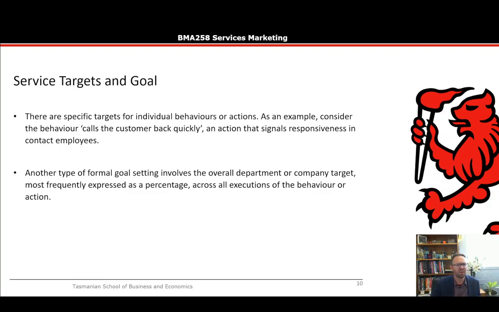Another type of formal goal setting involves overall department or company targets, most frequently expressed as a percentage across all executions of the behaviour or the action. So these are the key KPIs, the key performance indicators that we're talking about as well. And often phone centres, the phone call places, have these targets as well.